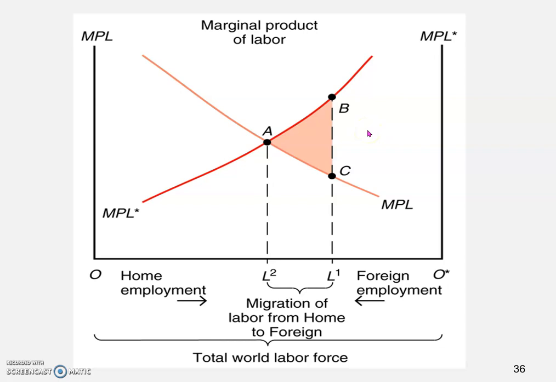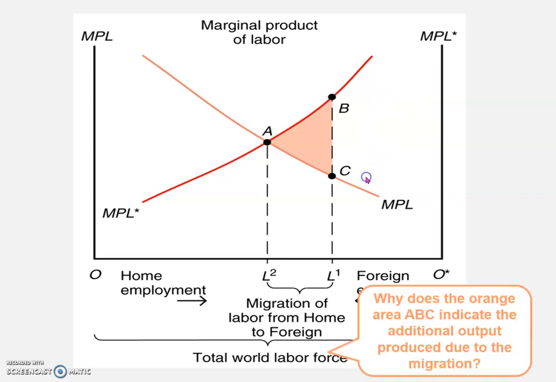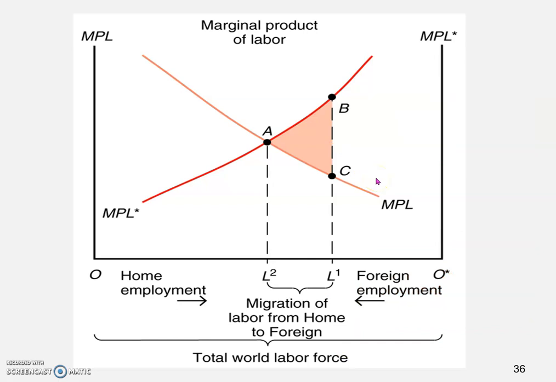But again, people are not allowed to cross the border and pursue a higher wage at this point. So we find that definitely the workers in foreign enjoy a higher living standard than their counterparts in home. And now we can think about what's going to happen when labor is allowed to cross the border.